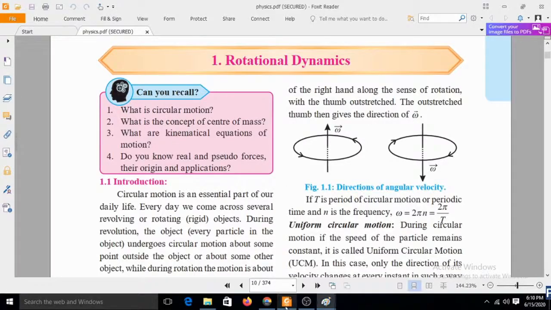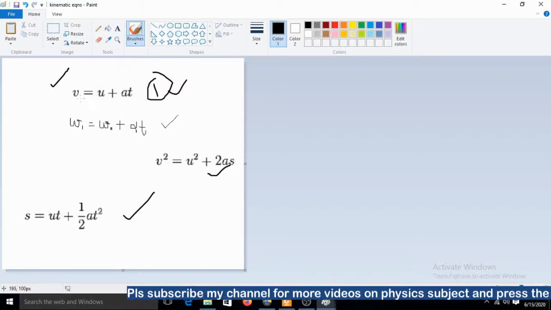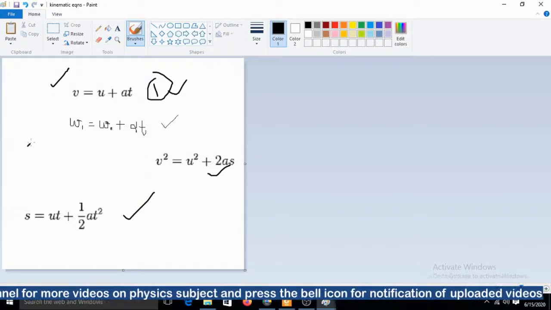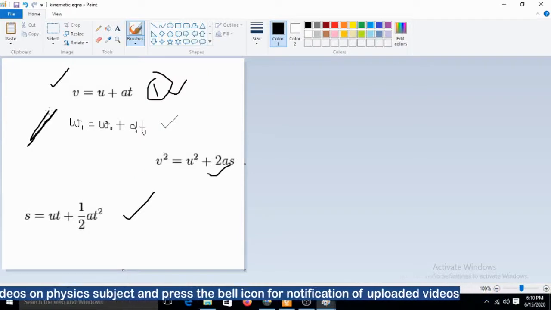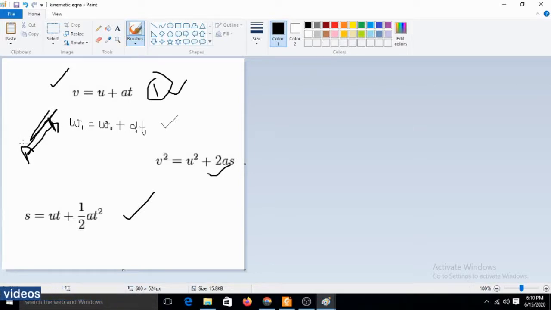So now what are the kinematical equations of motion? See over here, I have jotted down the kinematical equations of motion. This is the first equation, that is v is equal to u plus at. Here v is the final velocity, u is the initial velocity, a is the acceleration, t is the time. That means if a body performs a linear motion, a straight line, from point A to point B, it travels along a straight path.